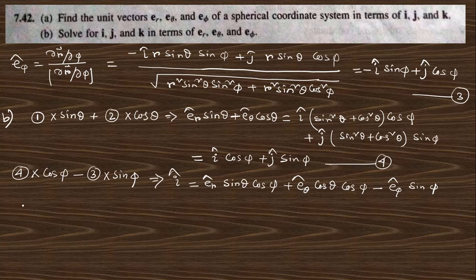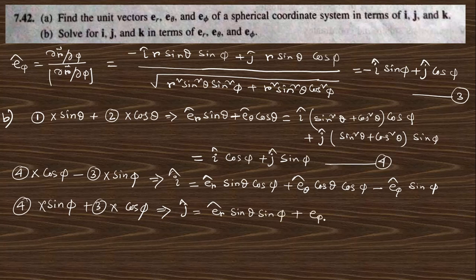And similarly, if you multiply 4 with sin phi plus 3 with cos phi, you will get j cap, which is nothing but E r cap sin theta sin phi plus E theta cap cos theta sin phi plus E phi cap cos phi.